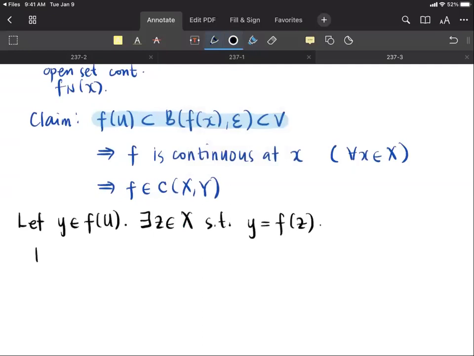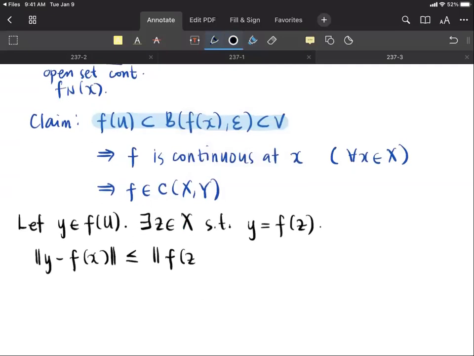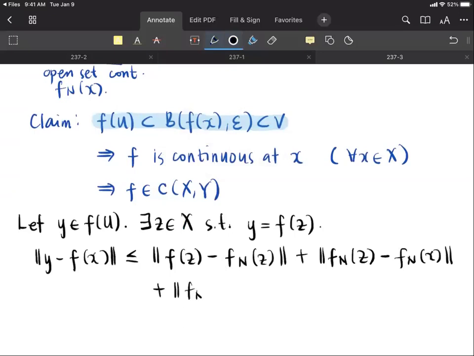Here, we now apply the triangle inequality so that we compute the distance between y and f of x, this is less than or equal to, okay. Take note that y is equal to f of z, so I can replace y by f of z, and then introduce the intermediate point f sub n of z, and then put f sub n of z here, minus again, we introduce another point f sub n of x, f sub n of x minus f of x.